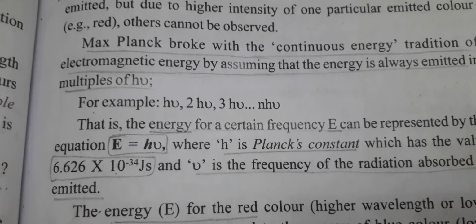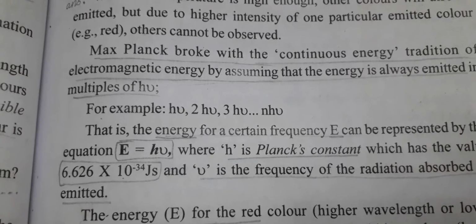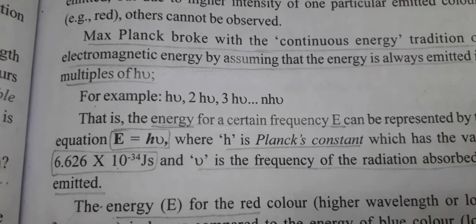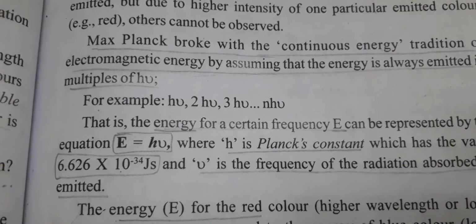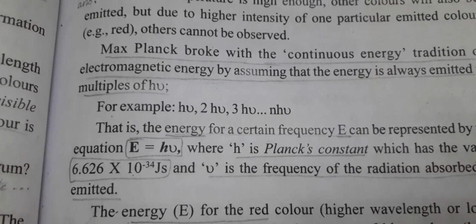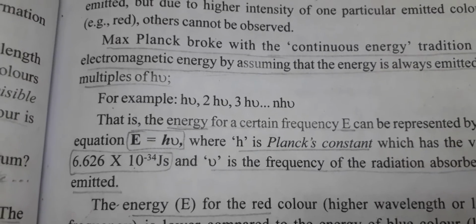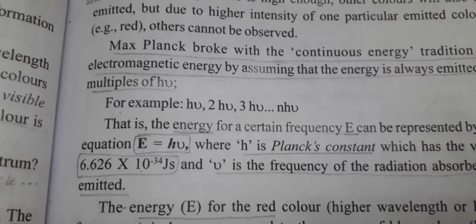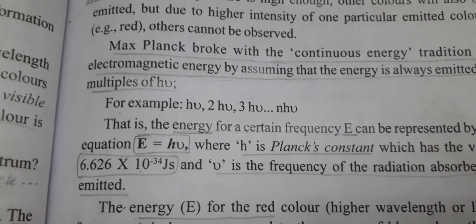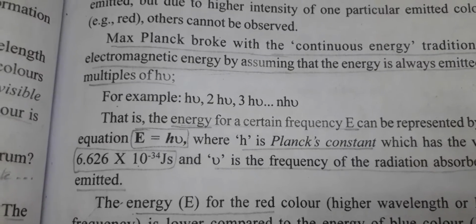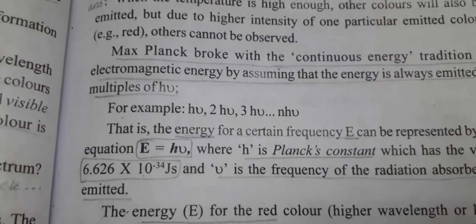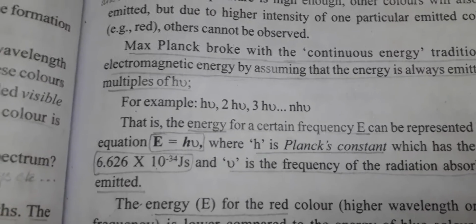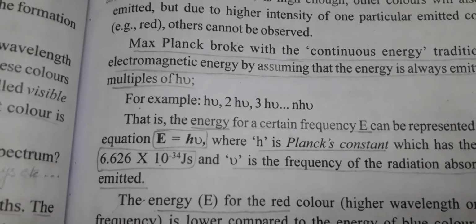So light usually is emitted like this for any substance, and it can even be extended to thermal radiations also: h nu, 2h nu, 3h nu, n h nu. So in packets of h nu. So h nu is the quantized form of the energy.